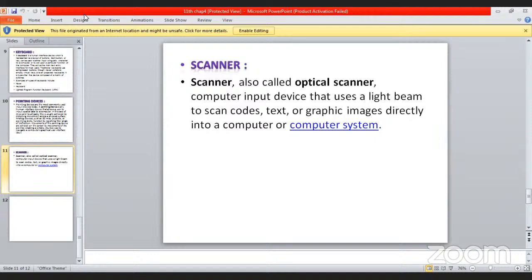The scanner is also called an optical scanner. It is a computer input device that uses a light beam to scan codes, text, or graphic images directly into a computer system.